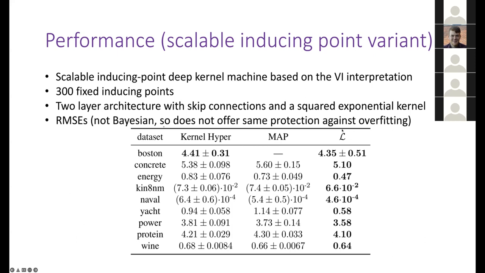And then on the right-hand side here is the deep kernel machine objective, which corresponds to this exact Bayesian inference, albeit in this strange setting. And you can see that we're doing quite a bit better. These root mean squared errors actually, in many cases, compare quite well to what goes on in deep Gaussian processes, but it isn't clear the same is necessarily going to be true of something like a log likelihood.